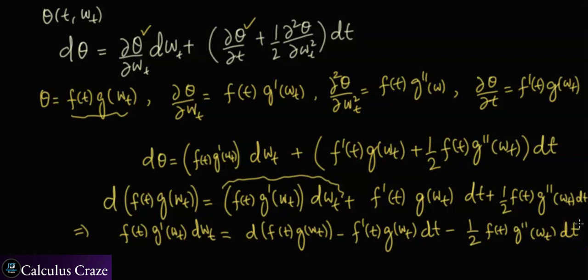Let's now integrate on both sides from a to b. On the right side, the first term is going to be only the product of f and g, because the differential and the integral cancel out each other, but these two terms will remain as they are. We can pull the 1/2 outside.